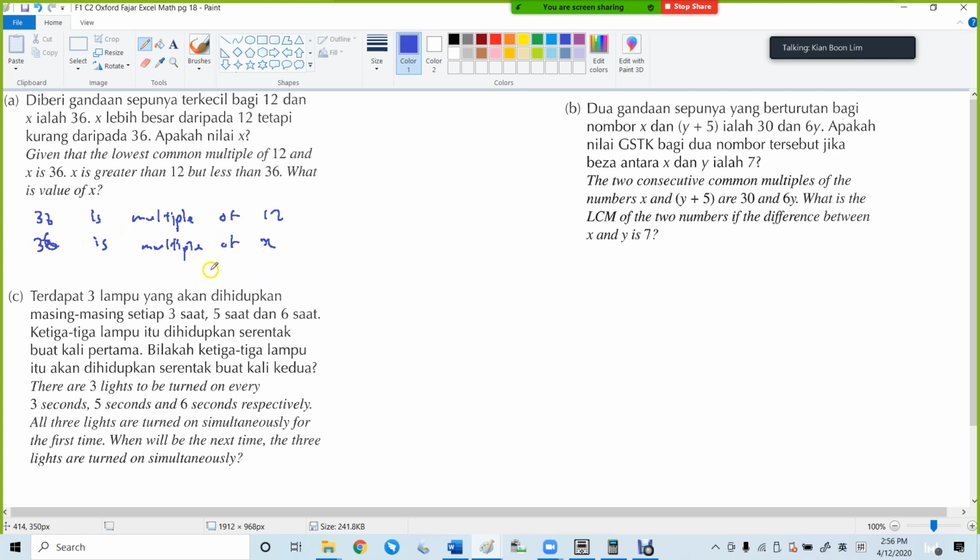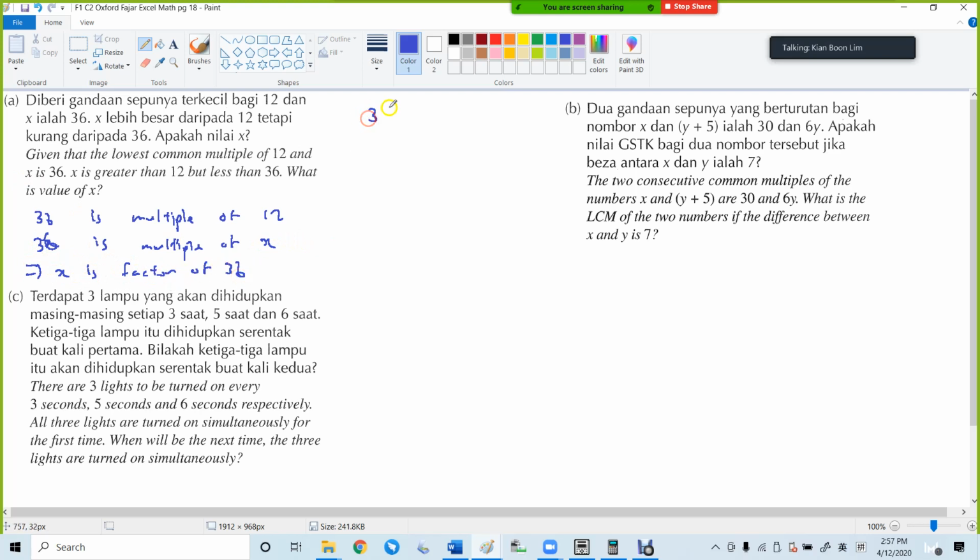Okay, so from here, it says that 36 is the LCM of 12 and x. That means 36 is a multiple of 12, and 36 is a multiple of x. So from this information, I can say that x is a factor of 36.